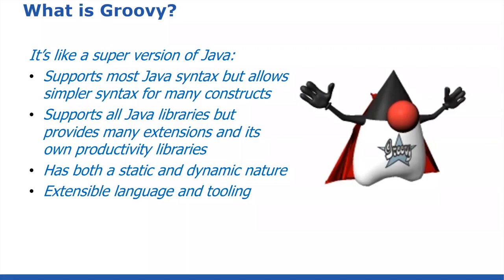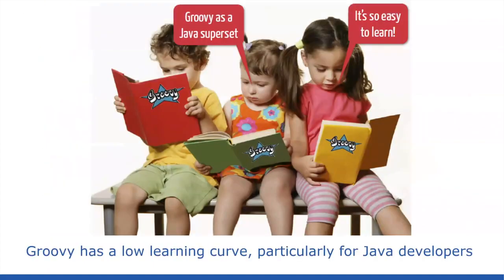The other thing is that the language has always been extensible, both the language and the tooling. So anything that the creators of the language have needed in order to add the bells and whistles that make Groovy the productive environment that it is, have been opened up to users. So we'll see a couple of those things as we go along.